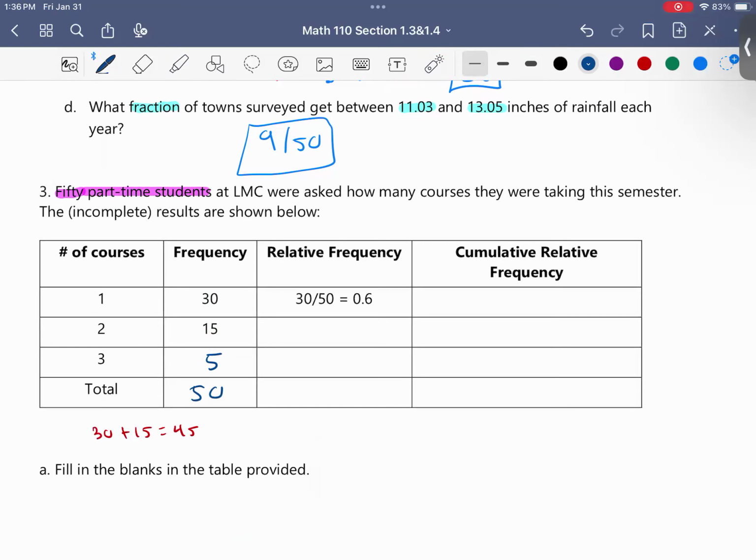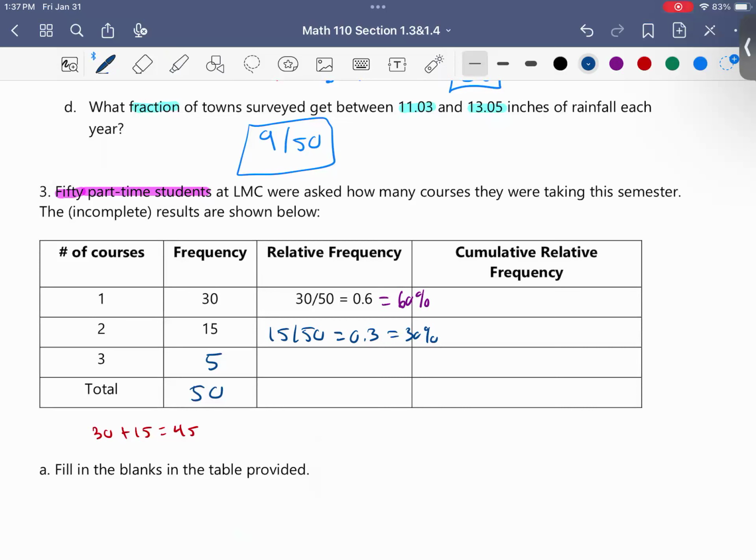But okay, let's go ahead and fill out the relative frequencies now. So 30/50 equals 0.6. For the sake of it, let's do percentages as well. So about 60%. And then for our second row, we're going to have 15/50, which is 0.3, which is 30%.